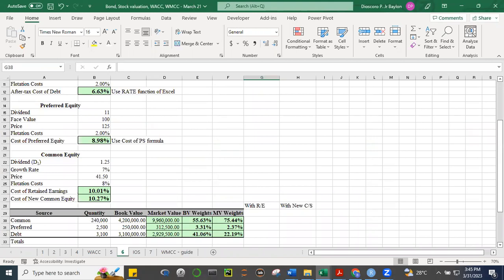What's your cost of debt? Do we have the same cost of debt? Okay, how about the others?